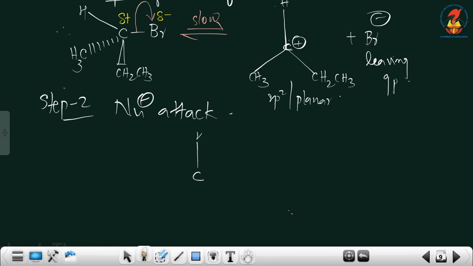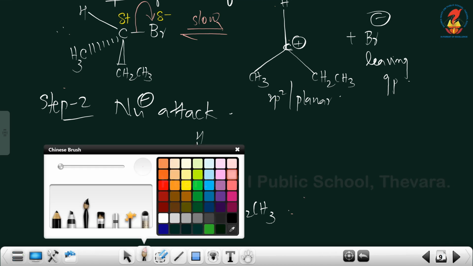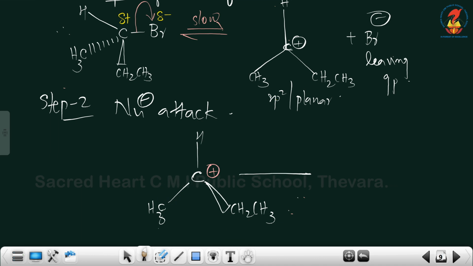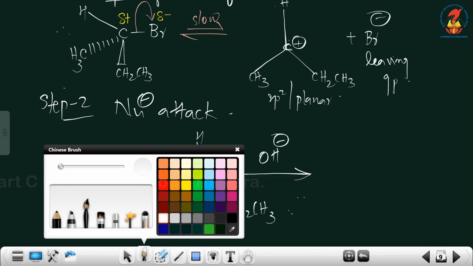So carbon, CH3, this is the carbocation we have, which is planar. Since it is planar, the nucleophile can attack from either side.